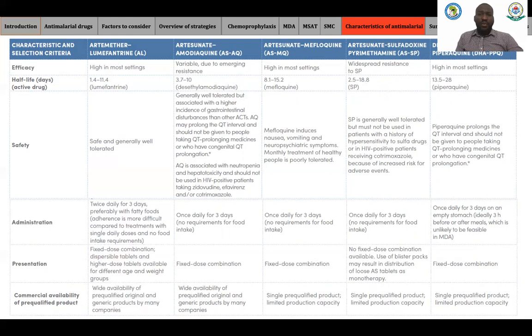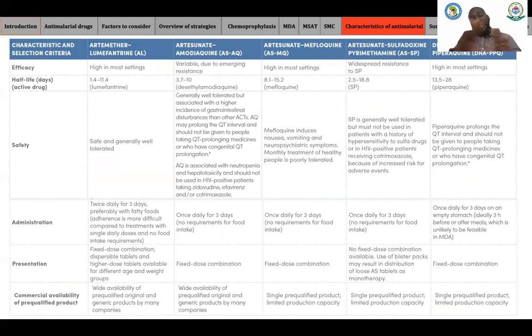And it's a once daily dose for 3 days, and preferably on an empty stomach, maybe 3 hours before meals, which is very unlikely to be feasible during a mass drug administration, because you just go and give people whenever. You don't have to tell them they should be fasting or something like that. So that's another thing to consider. Fixed dose combinations are available, and pre-qualified products, though there's limited production capacity.